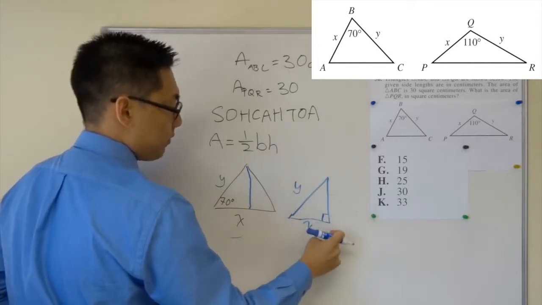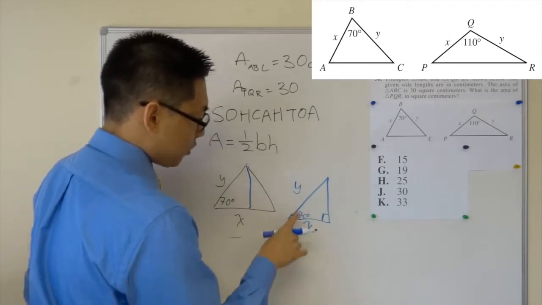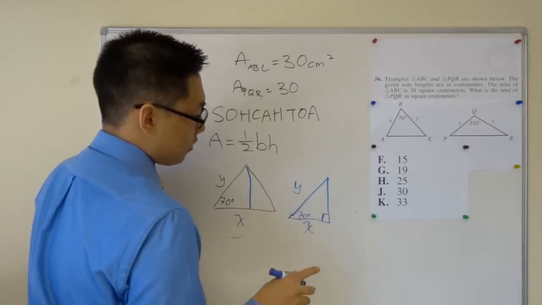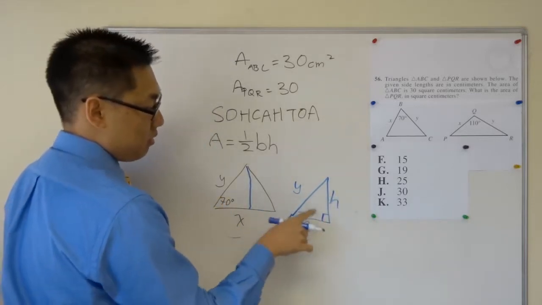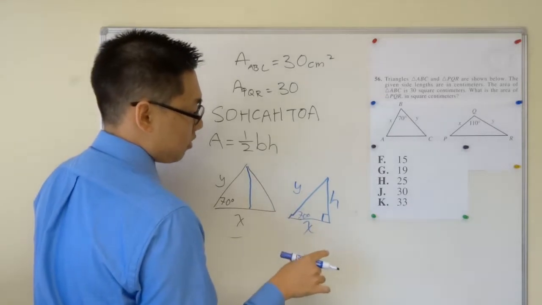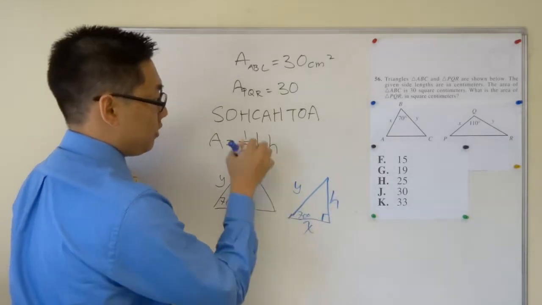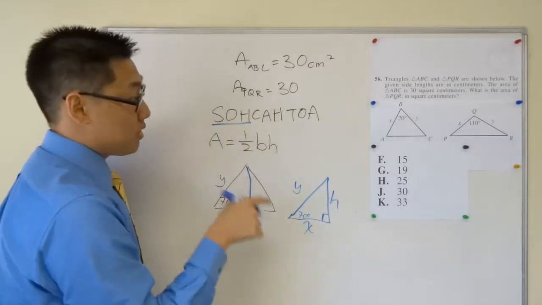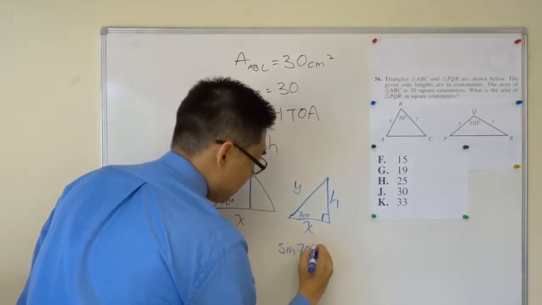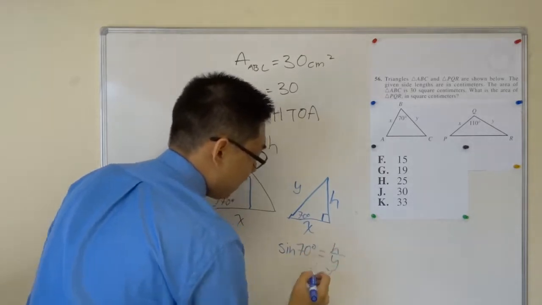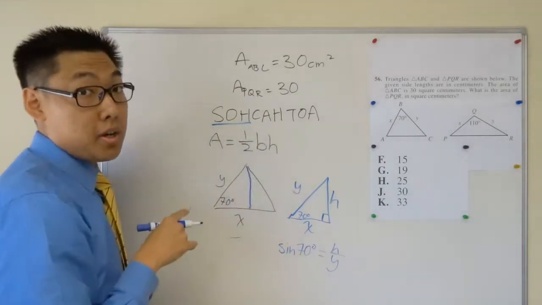So how can we find the height in terms of x or y? So we can pick. I'm going to use the one that has y in it. So I know that h over y is opposite over adjacent, right? Which means I have to use the sine function. So I can write sine 70 degrees equals h over y. Remember, we're trying to rewrite this in terms of x and y only.